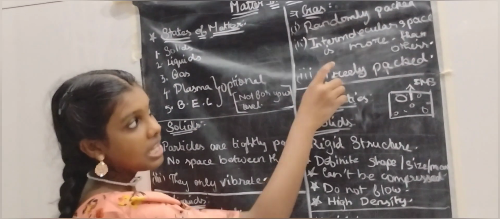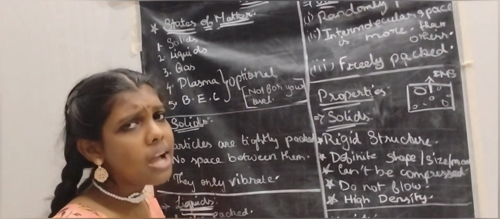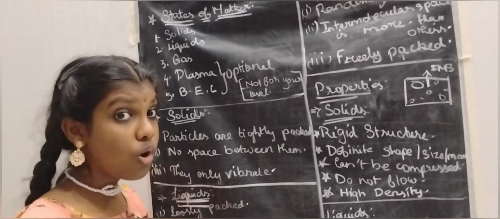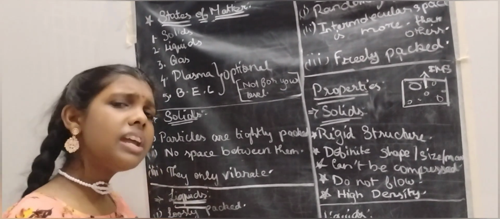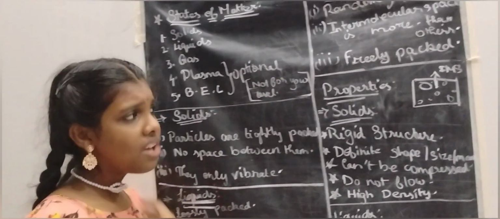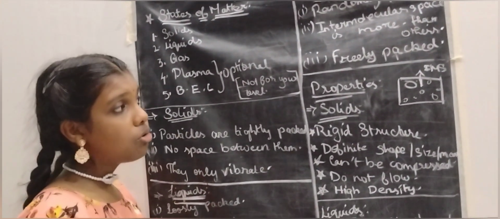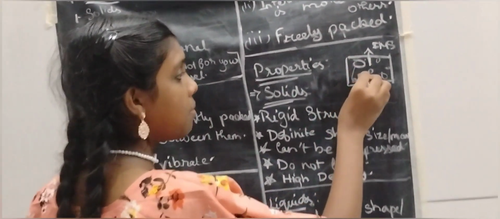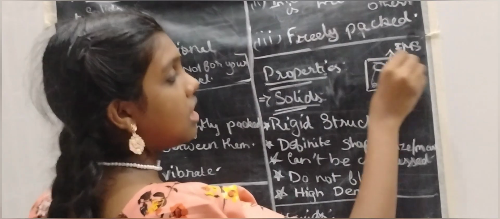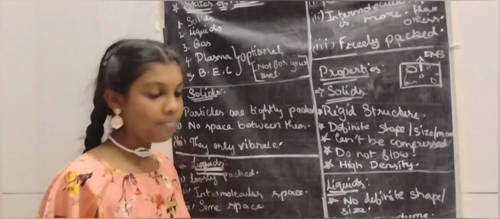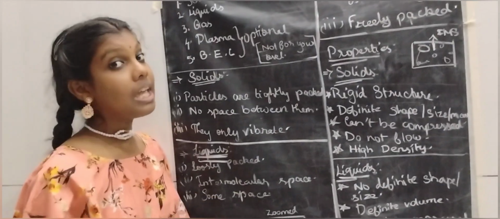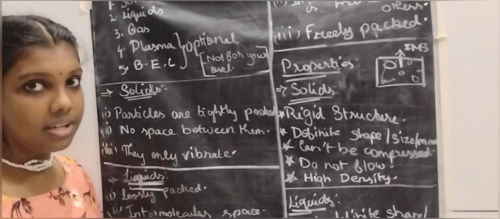They are also freely packed. They are not tightly packed. They are not loosely packed, but they are freely packed. They are allowed to go wherever they want. They are allowed to spread. If a molecule is here, after some time it moves here, and this one moves here. Like that, it is freely packed. It can move wherever it wants. But a solid cannot.